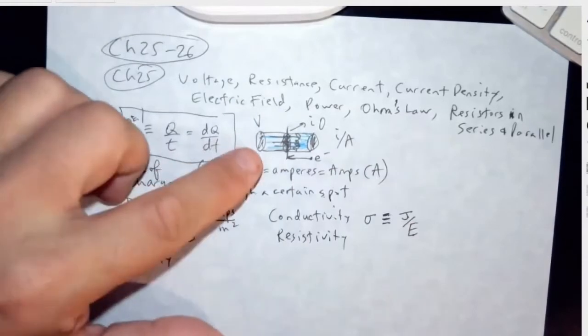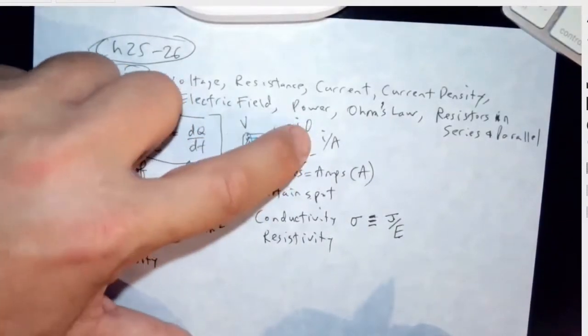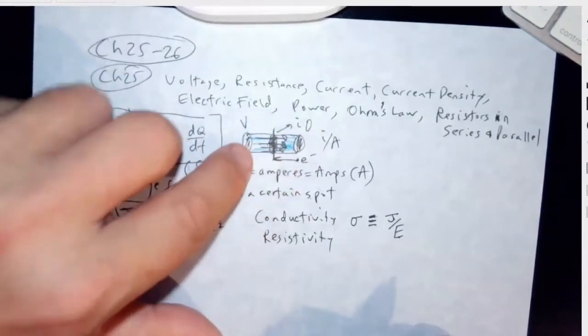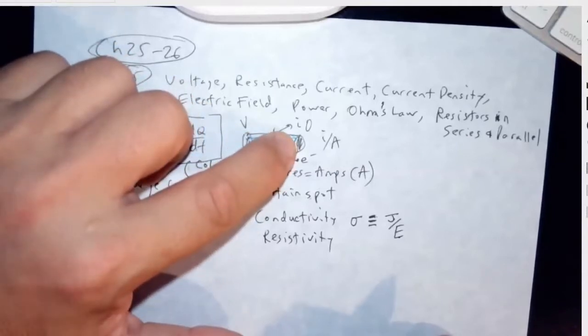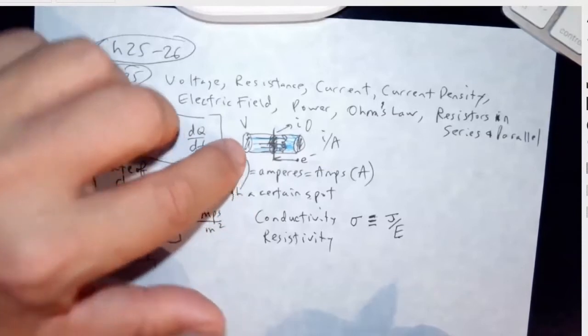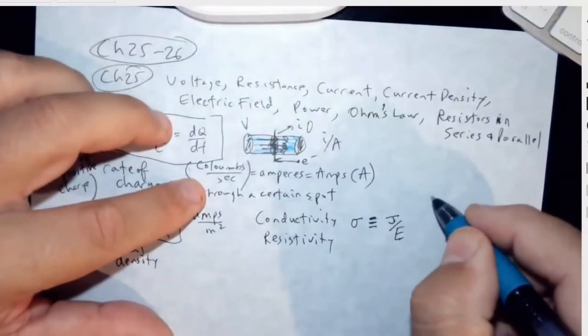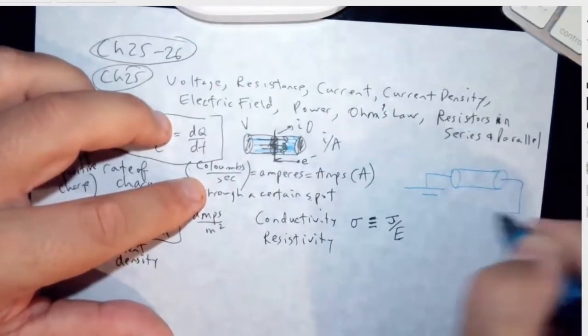So the sequence of steps that happen is that you set up a voltage difference in a wire, and then that voltage difference creates an electric field, right? Or you could even say it this way: you set up an electric field in a wire, so the battery is what sets up an electric field, right?